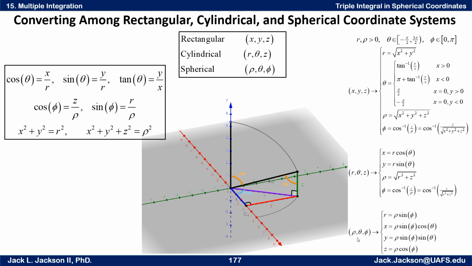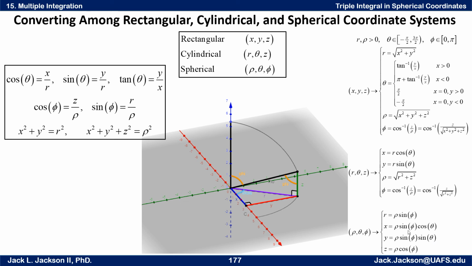The last one here is if you have spherical coordinates, rho, theta, and phi, we get r is rho sine of phi, x is rho sine of phi times cosine of theta, because it's just r cosine theta. So see how we can just substitute that in.